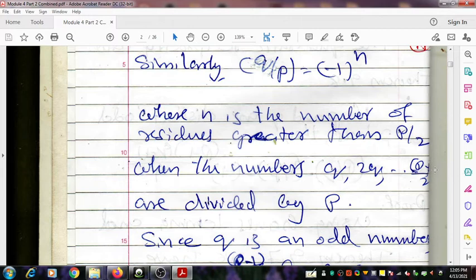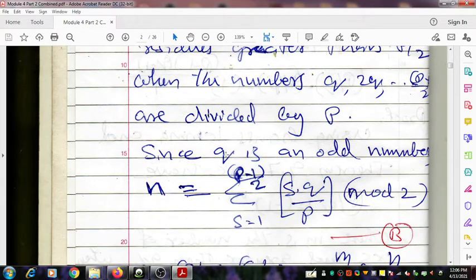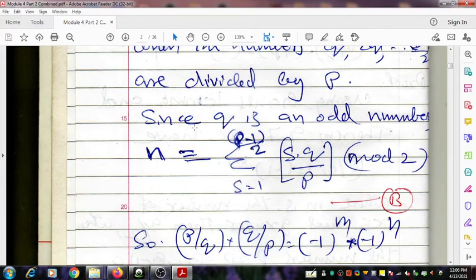That part is missing here. These numbers are q, 2q, etc. up to p minus 1 into q divided by 2, the last number, when these numbers are divided by p. And also, since q is an odd number, you get that n is congruent to the summation over s, where s is a variable.